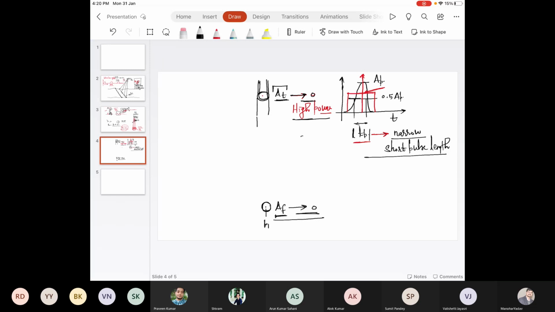We can't decrease this further. So within this confinement, this laser pulse progresses, this is the energy within this confinement. At least this will be the AF. What happens next? That this is not the actual confinement.